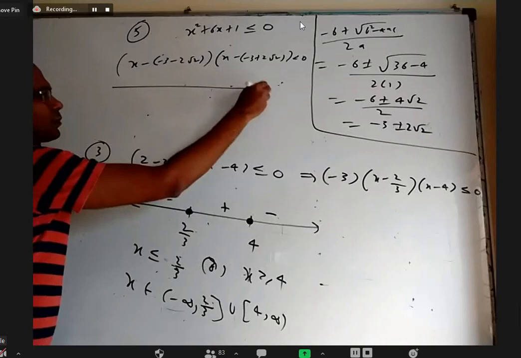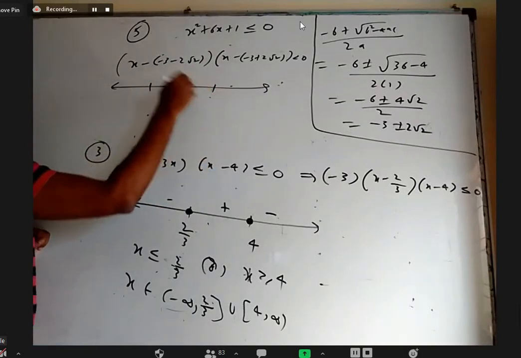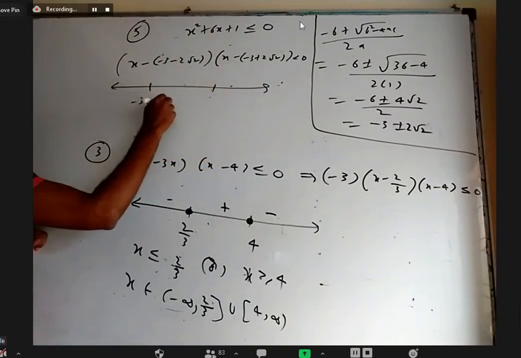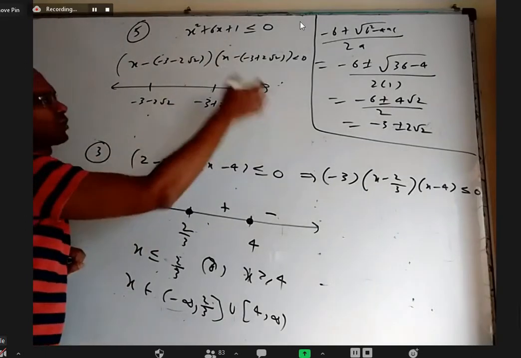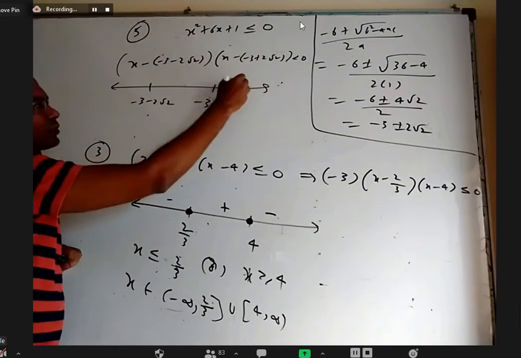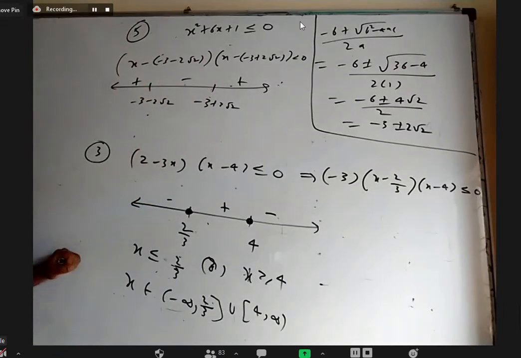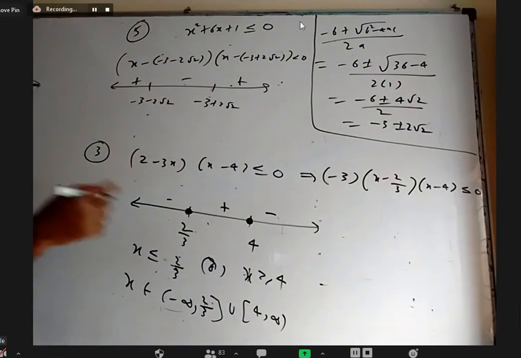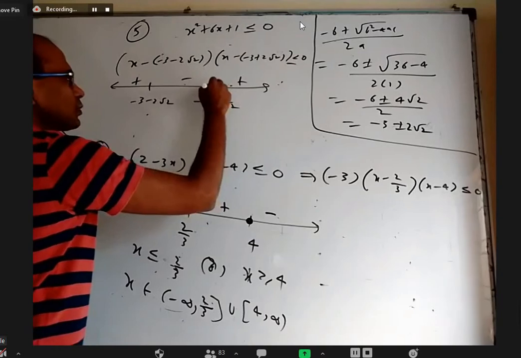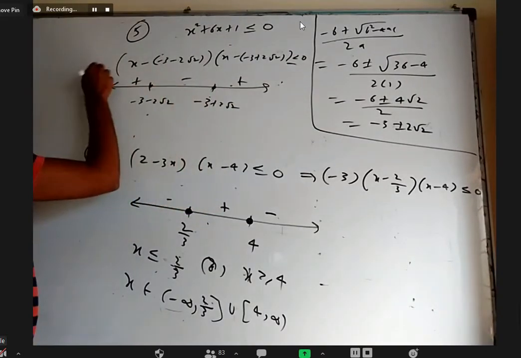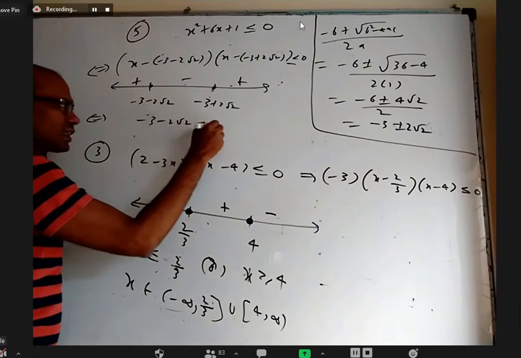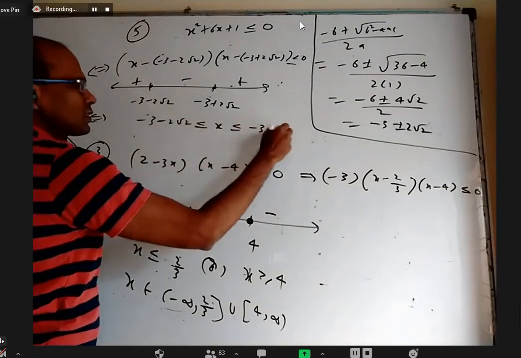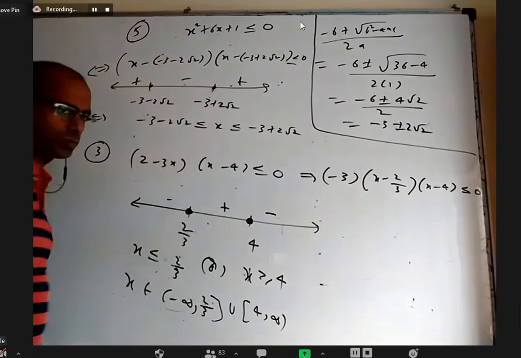Now same number line and the roots are minus 3 minus 2 root 2 and minus 3 plus 2 root 2. If you take anything more than this, this is positive, this is positive, the product is positive here, negative here, positive here. Okay, and equality is also there. So these two numbers are included. This table implies minus 3 minus 2 root 2 less than or equal to x less than or equal to minus 3 plus 2 root 2.